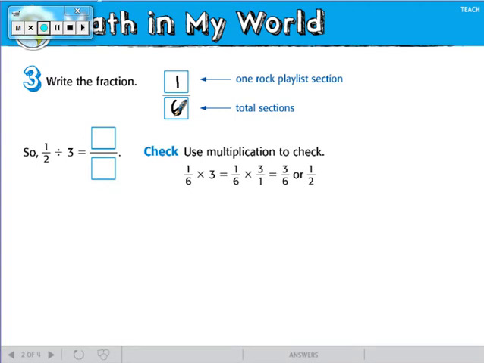Well, after 1/2 divided by 3 equals 1/6. And then over here we check it. We have 1/6 times 3 equals 1/6 times 3 over 1, which equals 3/6 or 1/2. So we're good.